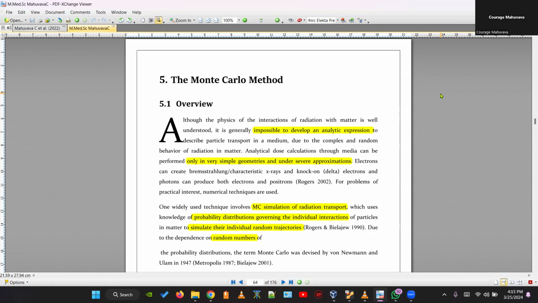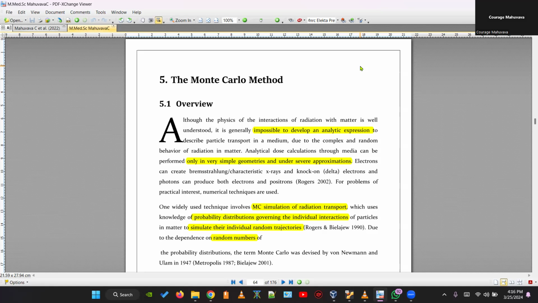So the application was limited initially, but now there are even Monte Carlo treatment planning systems. As you know, the dose that is calculated for radiotherapy treatments has to be determined accurately for the different types of treatments that we do. So we need to know how much dose we are giving the patient to the target and also to organs at risk. The treatment planning system is usually responsible for that, and these are based on different algorithms.